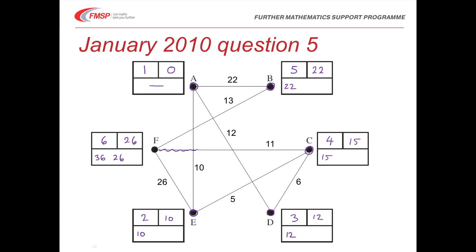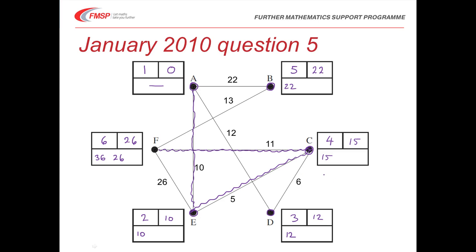Yes, it is that one. 26 take 26 isn't 10, so I've just checked, but it is the only correct one. Okay, from here, 15 take 6 is 12. No. 15 take 5 is 10. Yes, so CE is required. And then 10 take 10 is 0. Yes, that's the last step of my route.